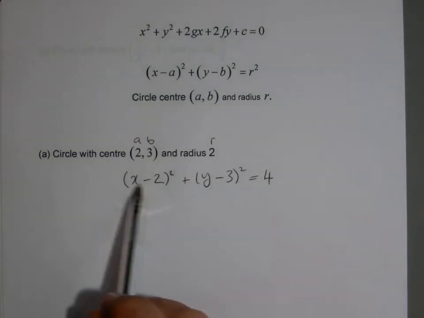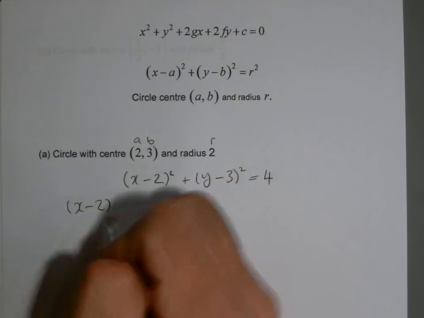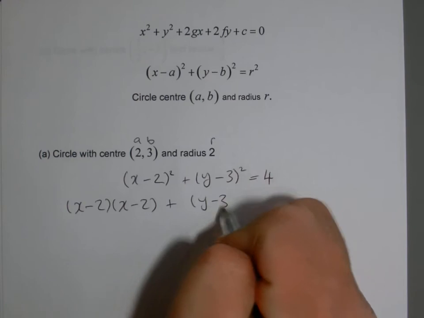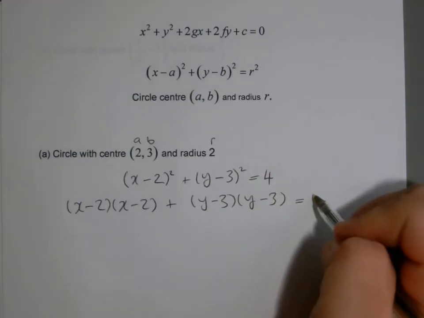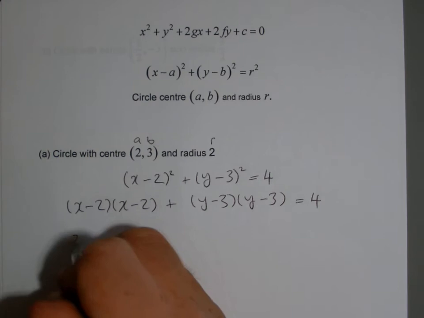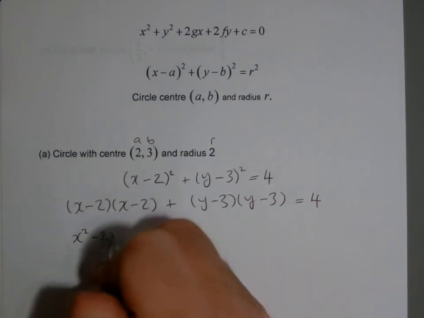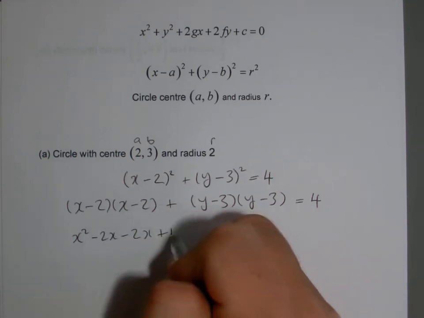So look at this here, (x minus 2) all squared. I need to write that bracket out twice, don't I? Because I'm squaring it, times it by itself. The same then with (y minus 3), write that out twice. That would equal 4. So if I expand this, apply FOIL to it, the firsts will be x squared, x times x, then outers will be minus 2x, inners minus 2x, lasts positive 4.